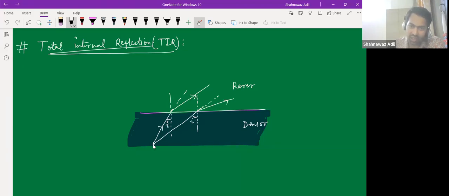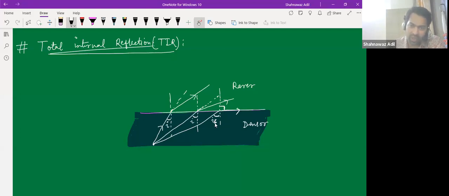Then you reach such a stage that light goes along the surface, and the angle of refraction is 90 degrees. That is called the critical angle. The critical angle is that angle of incidence where the angle of refraction is 90 degrees.